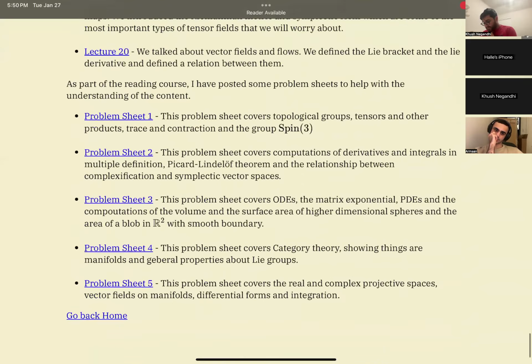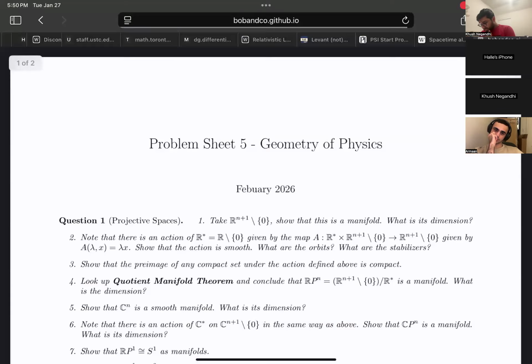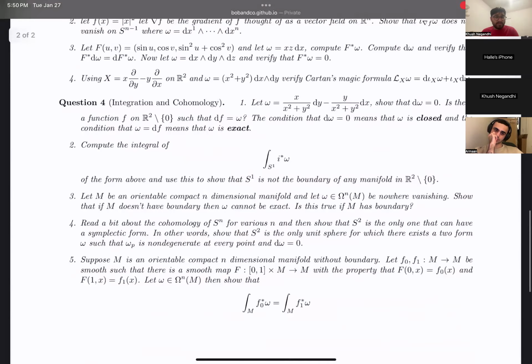If you go to problem sheet 5, question 4 is all about integration. This has questions about the cohomology thing we talked about: is every closed form exact? Moreover, question 2 is about Stokes' theorem.